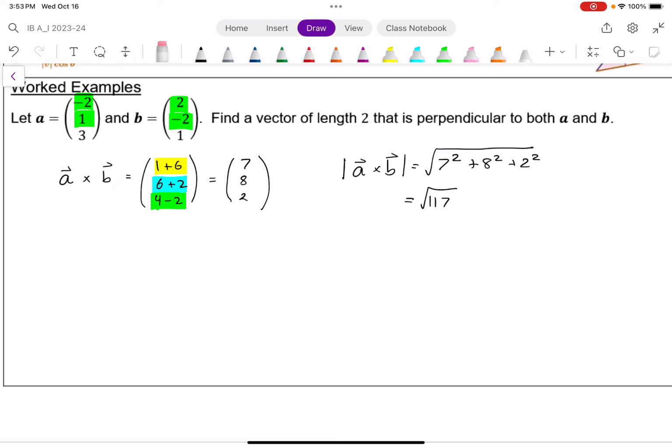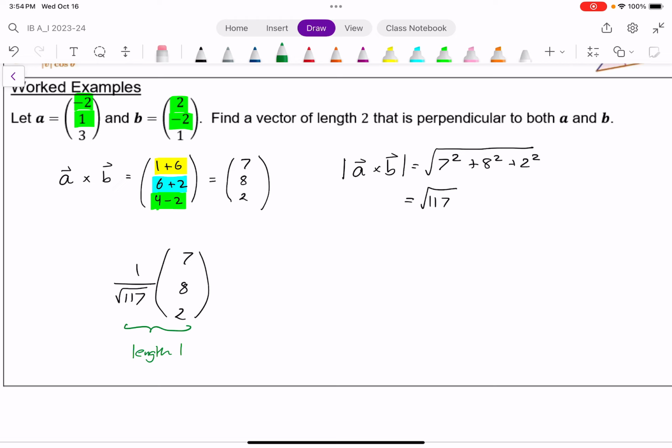And we did this in similar questions before, where first we want to find the unit vector. And so if I take that vector of 7, 8, 2, and multiply it by 1 over root 117, that is now the unit vector of A times B. And so this here has a magnitude of exactly 1, or a length of 1.